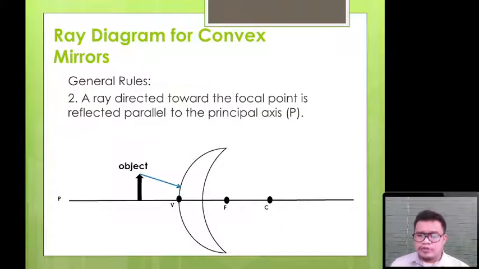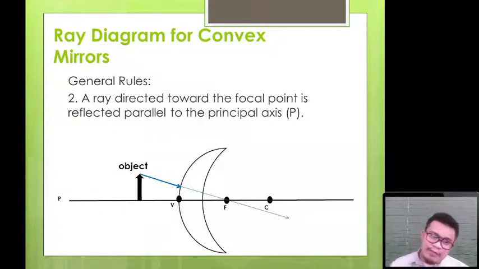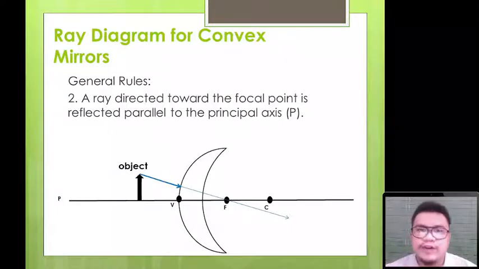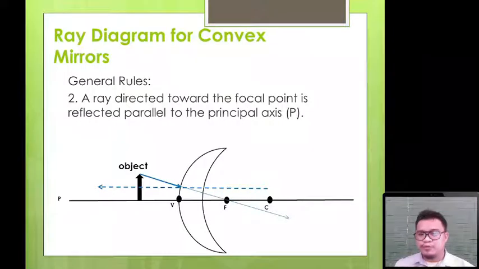You draw a straight arrow which passes towards the focus on the other side of the mirror, and depending on where the arrow has hit the surface of your convex mirror, that is also the point where you are going to reflect the rays parallel to the principal axis. Okay, so this is now rule number 2.